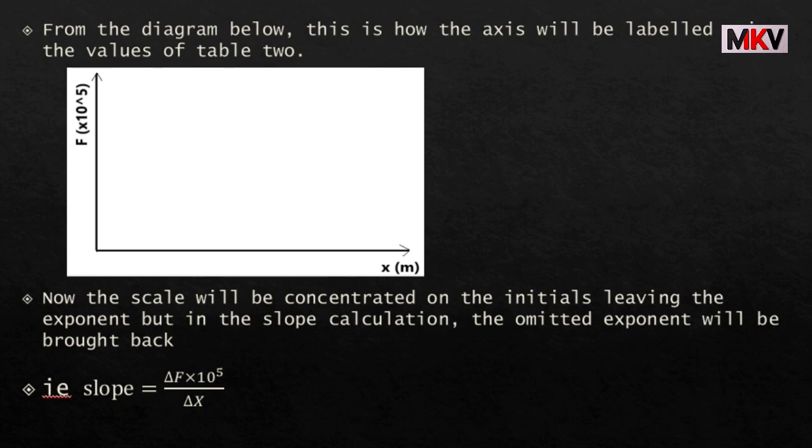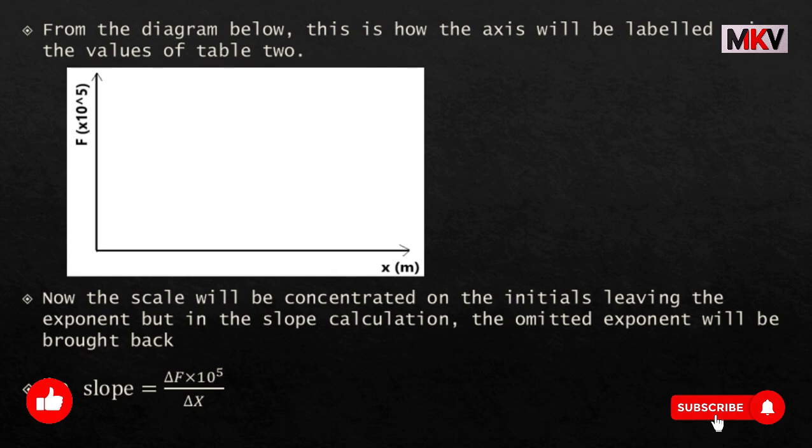After you've chosen the points for the F-axis, which is the y-axis, and the change in values for the x-axis, as shown here, you bring the exponential of the force axis back into your calculation to make it complete, because you omitted it. You note that very well: you're supposed to bring it back in your slope calculation because you did not add it in your graph.